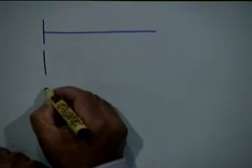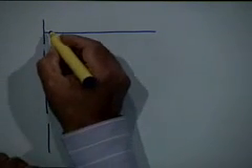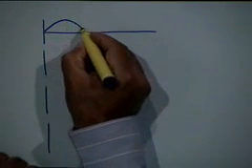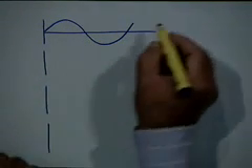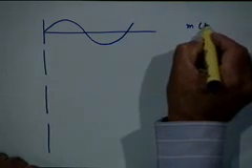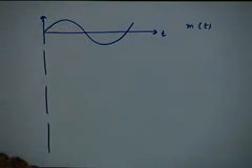Let me try to plot all the waveforms that we have discussed so far. Let me take a sinusoidal modulating signal, right. So this is my m of t, this is the time axis, this is the instantaneous amplitude, right.